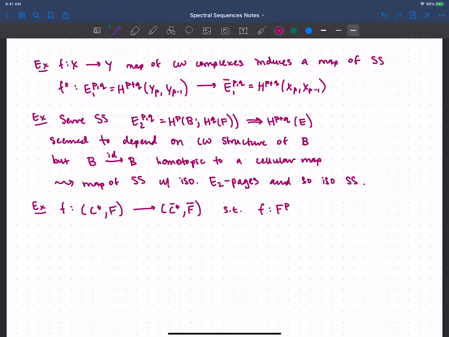But okay, so coming from F, as long as this respects filtration so that F^p on our first cochain complex maps to the pth filtration of our second cochain complex, then this induces a map of spectral sequences. Okay, and so one of the games that we'll want to do as we're talking about convergence is compare spectral sequences, and this gives us a nice way to do that.